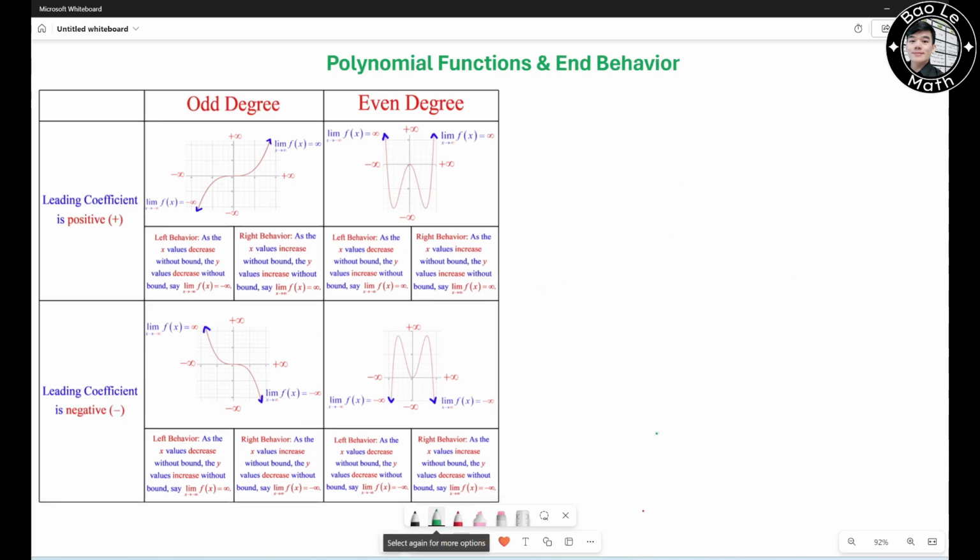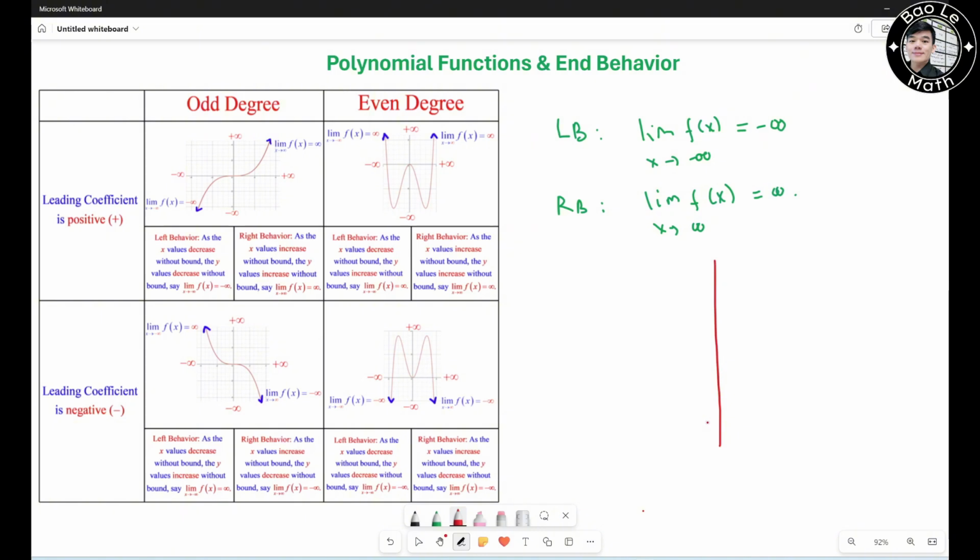Now let's move on to the next example. So for example, if you are given left behavior, it's going to be limit of the function f of s when s approaches negative infinity is negative infinity, and right behavior, limit of the function f of s when s approaches positive infinity is positive infinity.